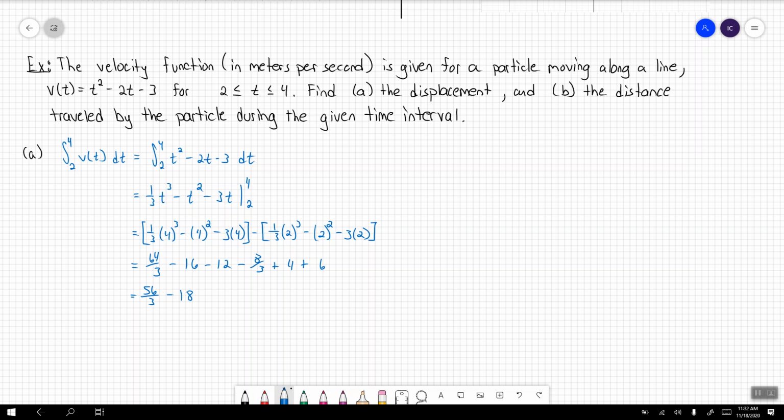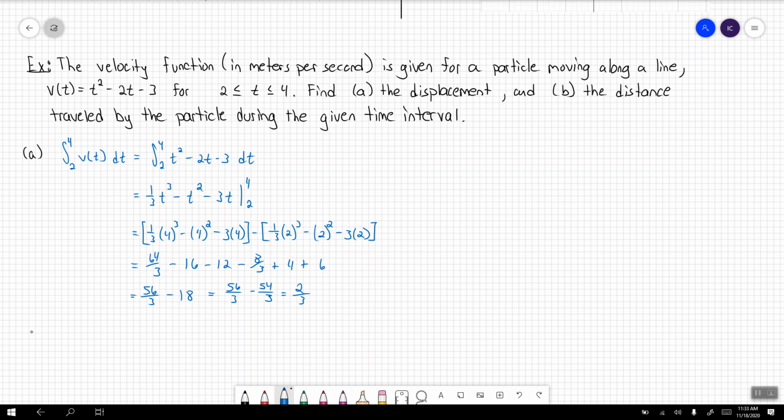So we have now 56 divided by 3 minus 18. Let's see if we can get this down. 3 times 18 should get us 54, so this will be 56 divided by 3 minus 54 divided by 3, and this should get us 2/3.